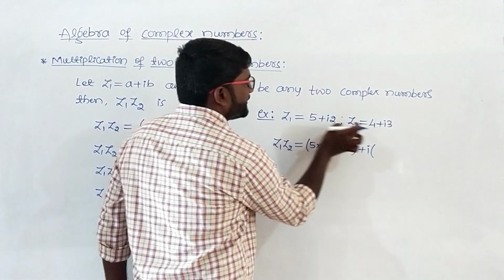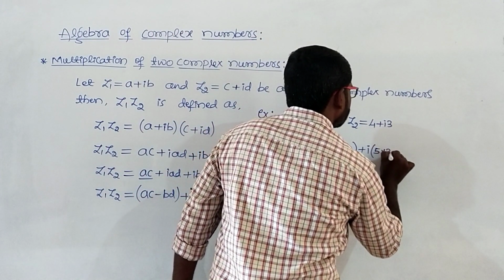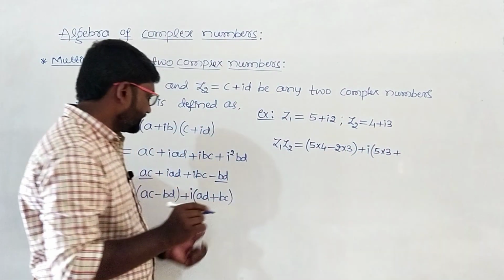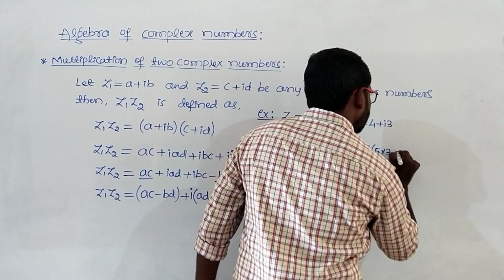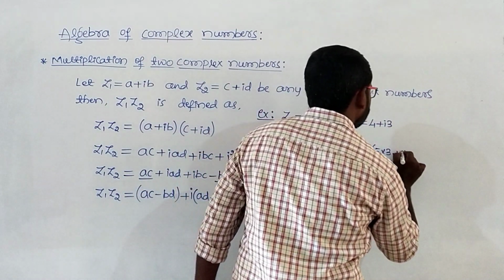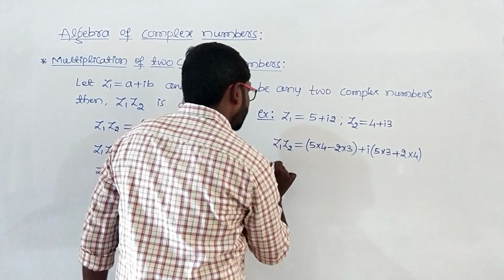A plus iB, C plus iD. AD means 5 into 3, plus BC, B is 2 into C, C is 4. So now we have to simplify this.